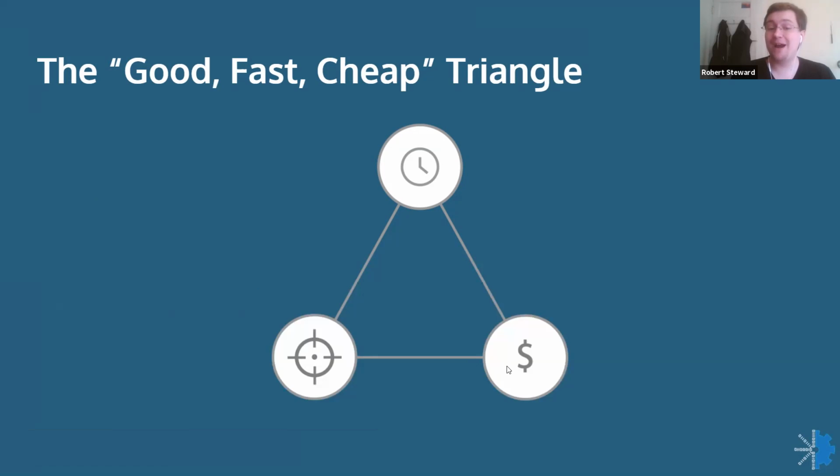You have a limited amount of each of these. And what you'll notice is if you start to lack one, you will need the others. So for example, if you are lacking money, you'll notice that you either have to reduce the scope of the project or increase the amount of time that the project is, or depending on what resources you have, decrease the amount of time the project is because you've run out of money to pay people.